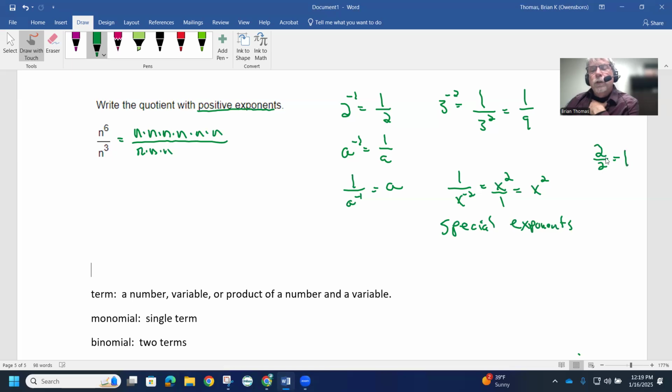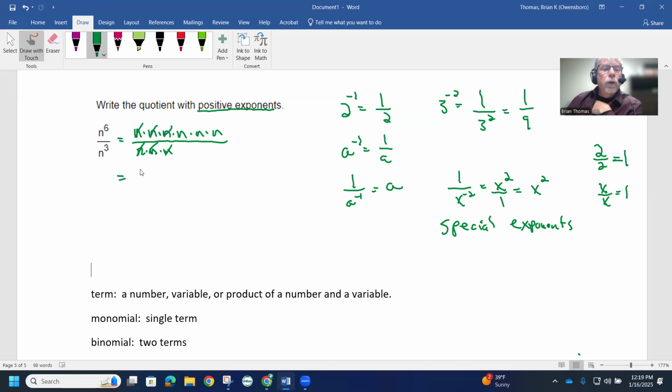So what we've learned is, if the numerator and denominator are equivalent, then that just turns into a 1. If you have x over x, that is the same thing as 1. So what we pick up on is these n's: n over n is going to turn into a 1, n over n is going to turn into a 1, and n over n is going to turn into a 1.